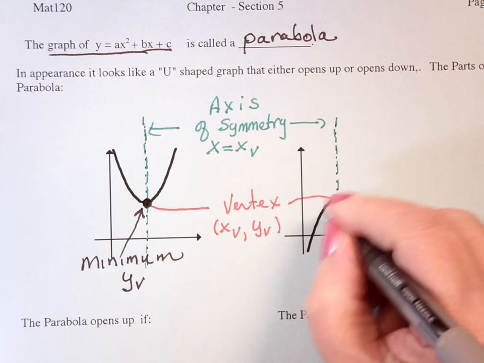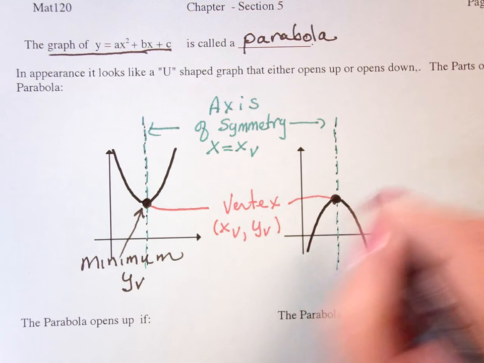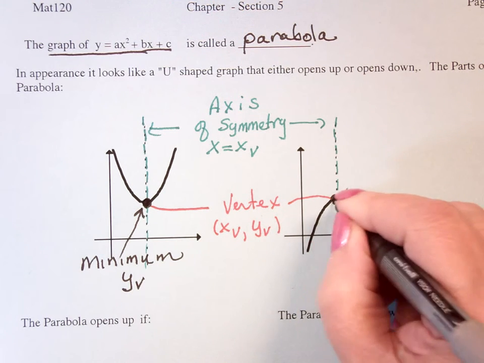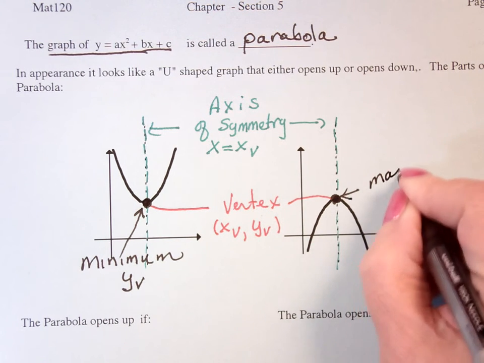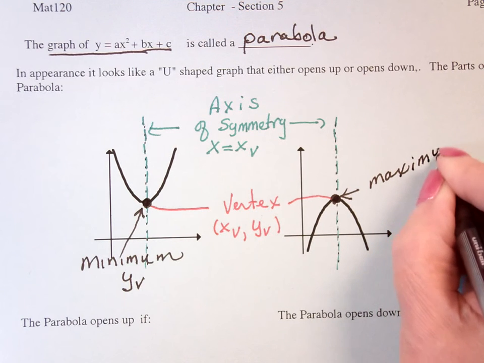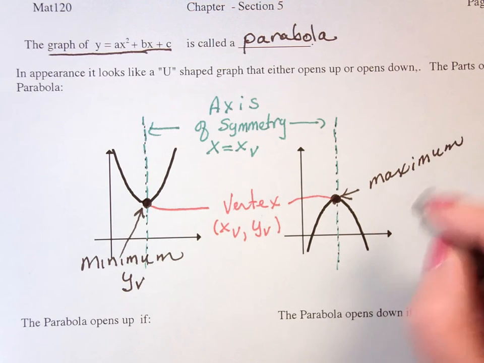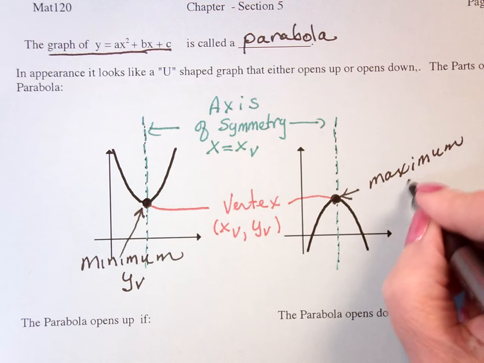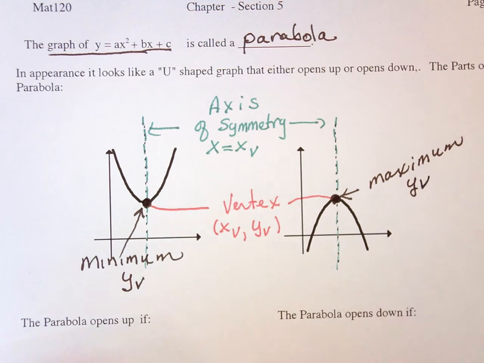And since the parabola here opens down, this vertex point is a maximum. And again, how high does it get? Its maximum height is the y coordinate of the vertex. So the vertex serves a tremendous purpose when you're dealing with parabolas.